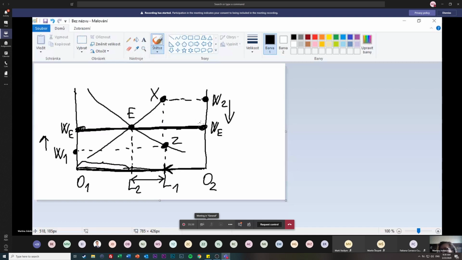The first country used to have O1, L1 employees, and their GDP was this hatched area below the curve, finishing in Z, L1.